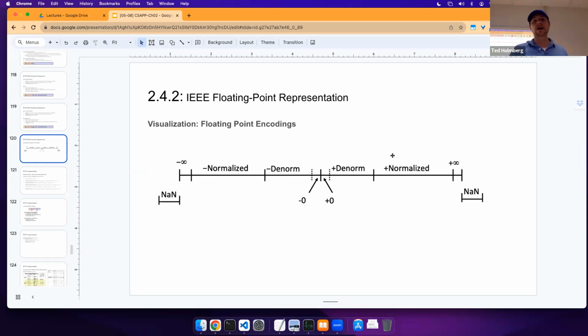And then I have my denormalized cases that are close to 0. And then as I step further and further in magnitudes from 0, I get to my normalized cases until I get to my infinite encodings and finally my not a number encodings.